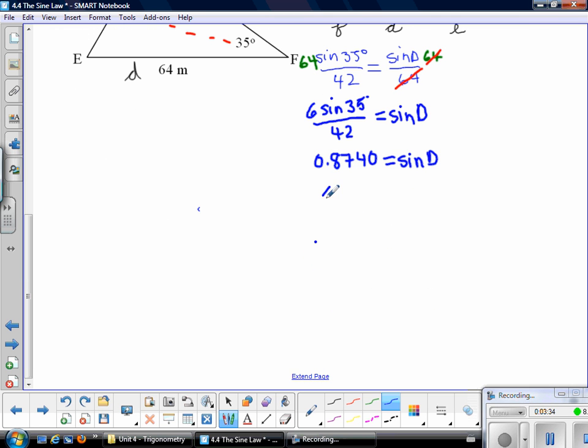So I know that angle D is going to equal the sine inverse of 0.8740. And when I take my calculator, what I end up having is 61 degrees.